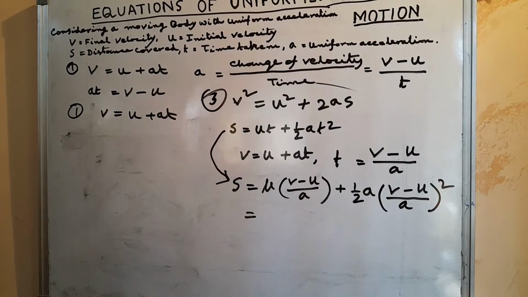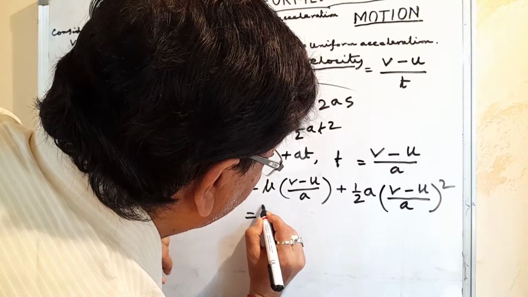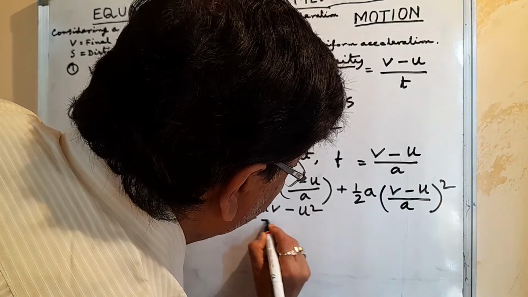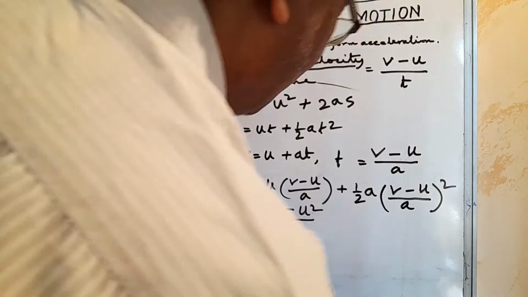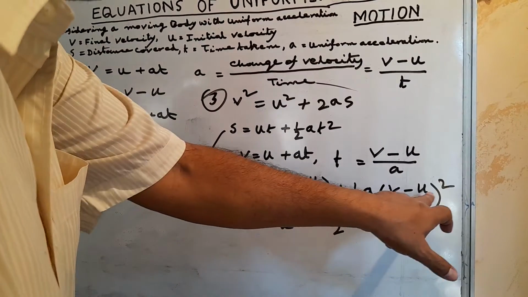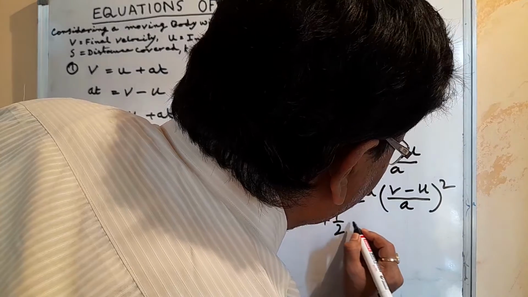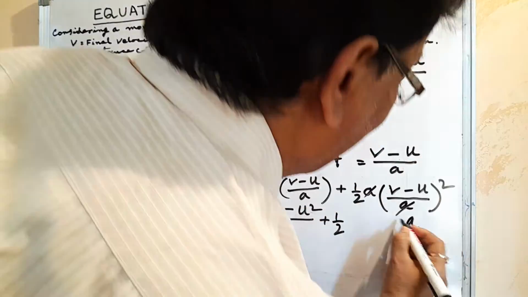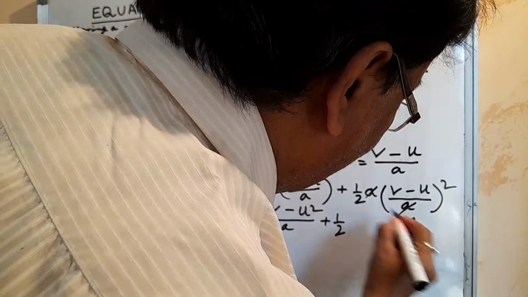From this we get uv minus u square divided by a, and from this we get plus half of v square plus u square, where half of a will be cancelled and there will be only one a here. A square means a will be cancelled, only a here.